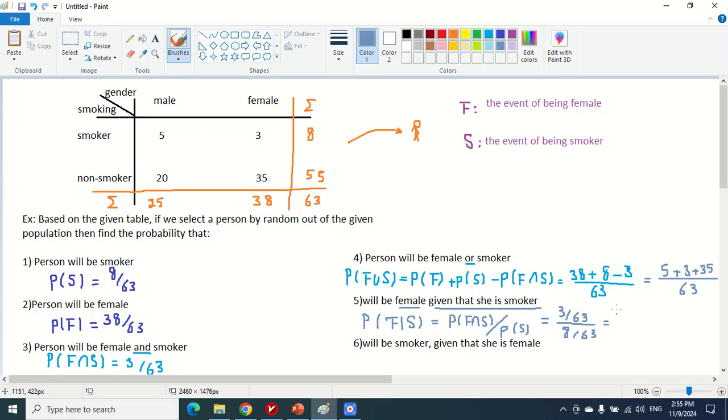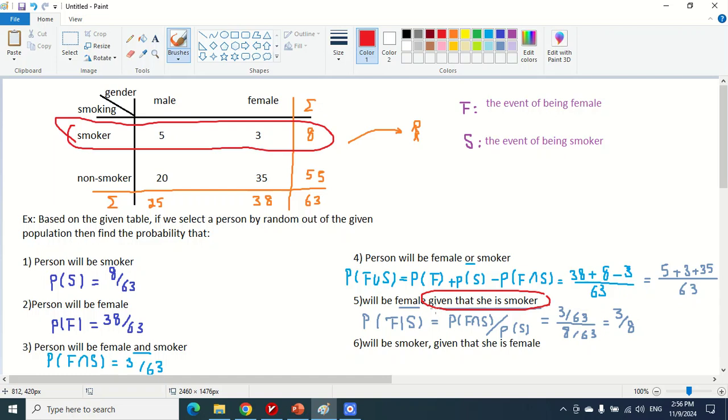But this one also gives you one idea about what we are going to do here. When we say it's given that the person is a smoker, it means that we are totally working in this part of the table. This part of the table is considered.